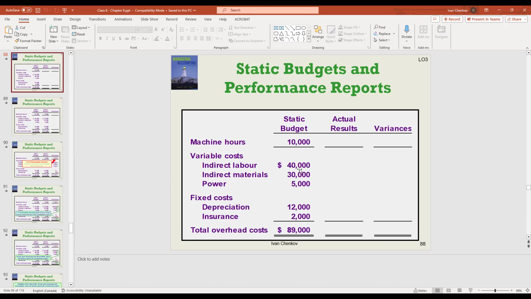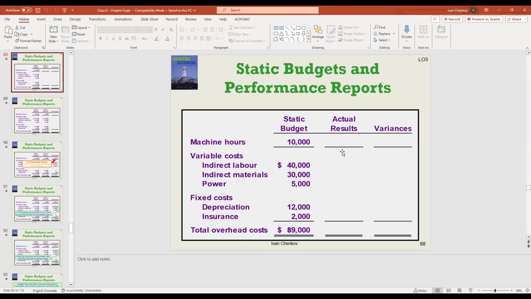What will be my variable cost per unit here for the indirect labor, knowing that the total cost is $40,000 and I use the machine for 10,000 hours? $4 per hour. Yes, you're correct.